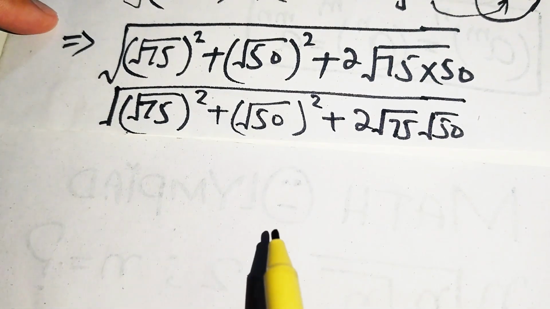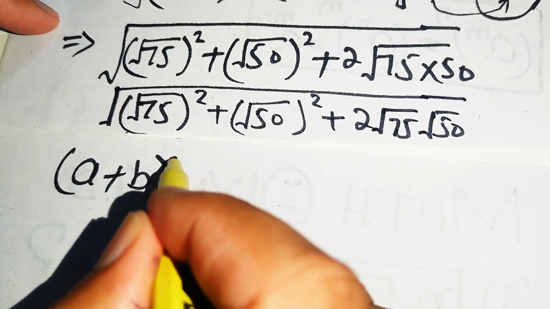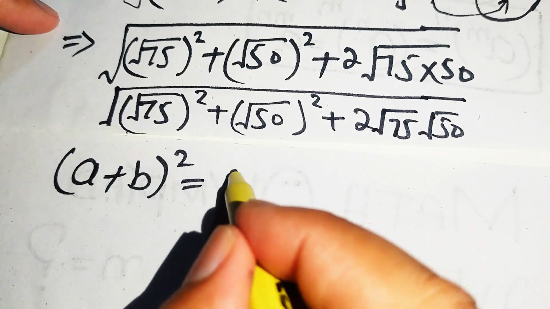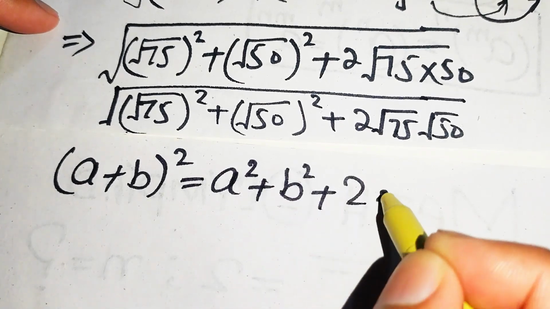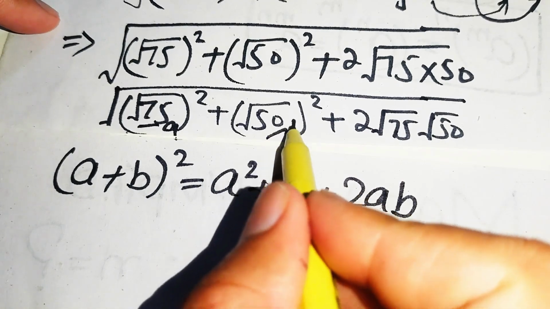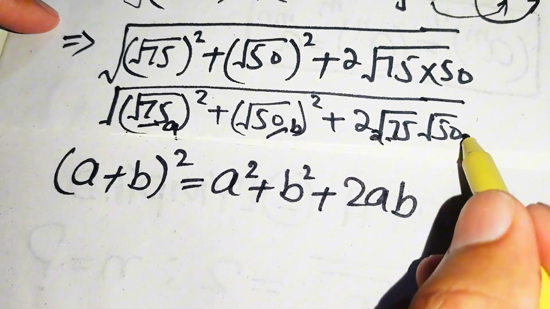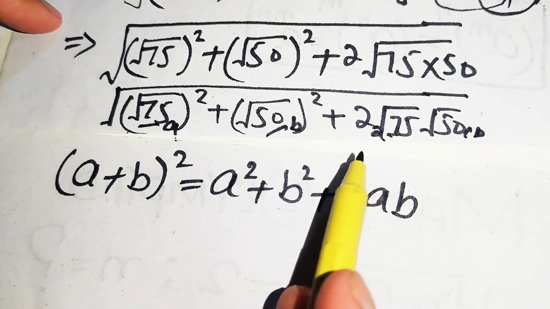Here we use another nice square identity, and you know about this identity. If we have a plus b whole squared, it equals a squared plus b squared plus 2 times ab. So here this is our a, this is our b, and it will equal a squared plus b squared plus 2 times ab.